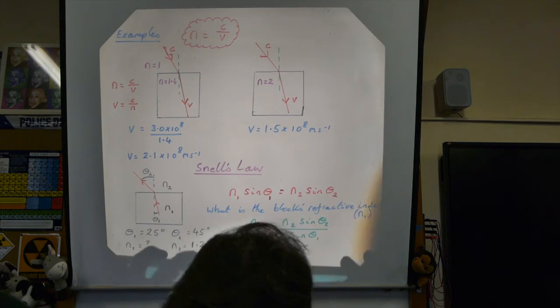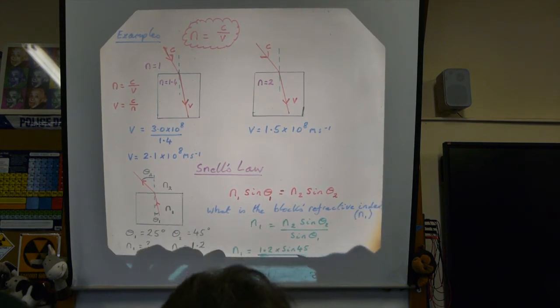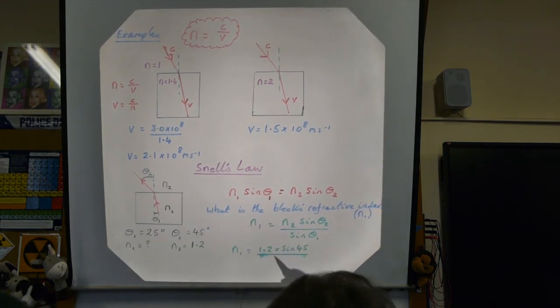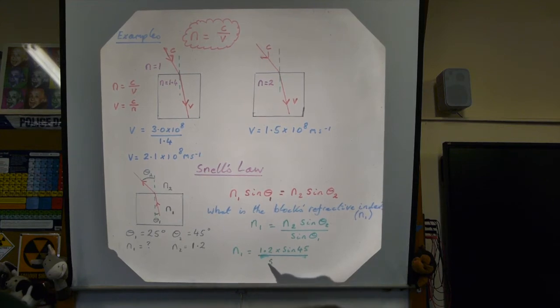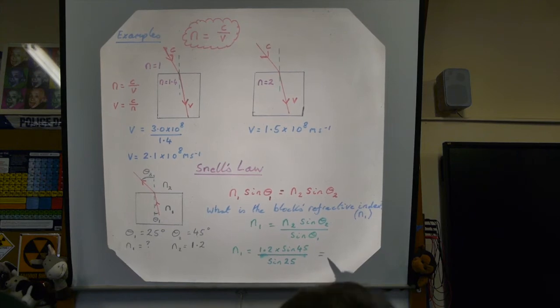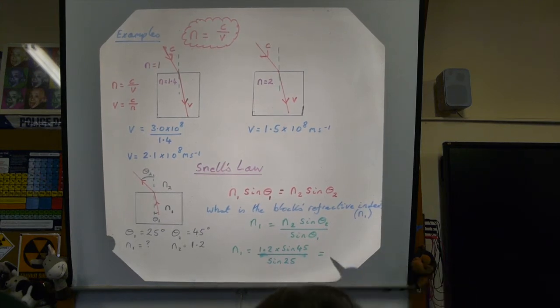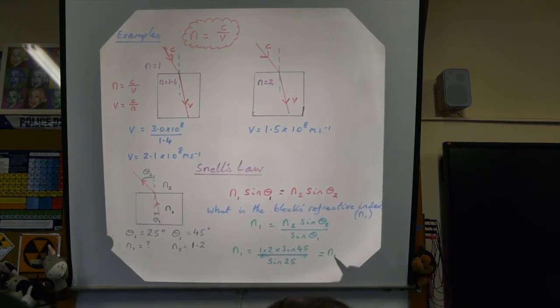Oh, I've made a smudge of that, so let's make a better job of that one. Okay, not a permanent pen. Sine 25. And if you bash that out on your calculator, N1 will come out as, no units, 2.